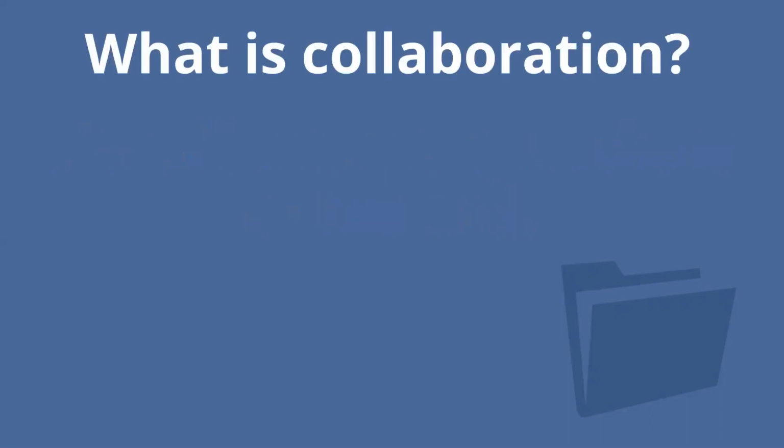And first off, let's begin with explaining what is collaboration. Well, collaboration is when you use your account and share information, specific job information, with either a contract process server or with your client. You'll be able to control what you share, and you'll also be able to share it in real time.